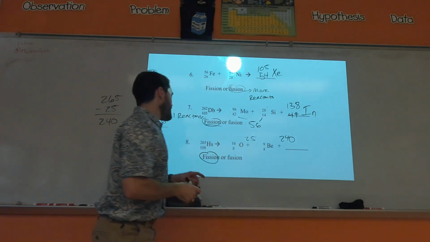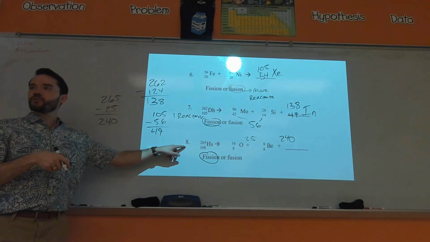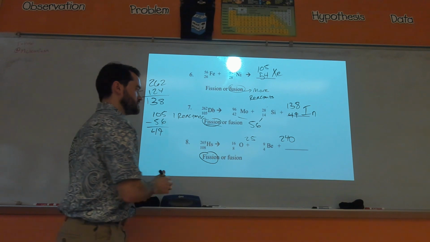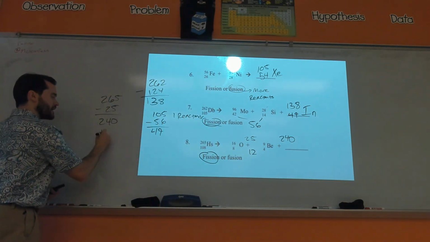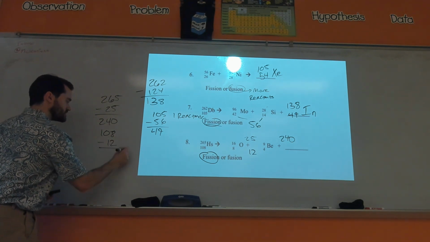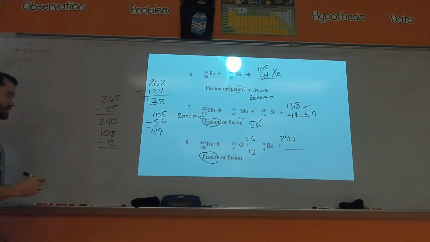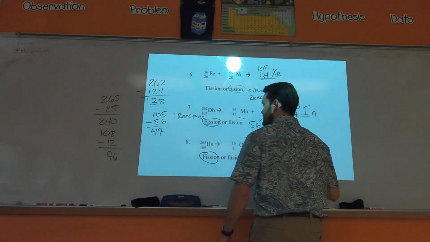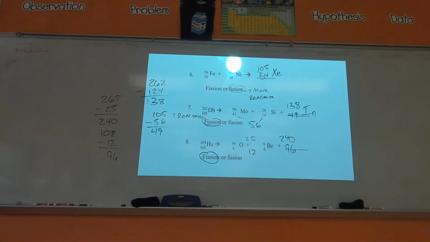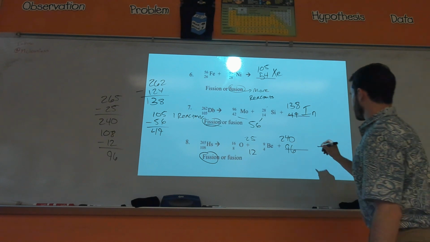Alright. Then 8 plus 4 is what? 12. 108 minus 12 is 96. Okay. And then that is Cm. Curium. Sure enough.